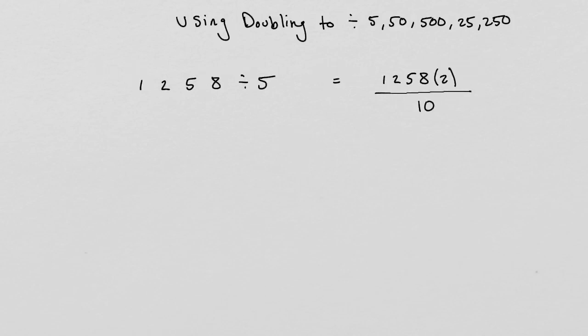Just as I showed you earlier, we could rewrite this like this. It's not necessary, but I'm just writing it so you could go along with what I'm showing you here. So first thing we want to do with the number is double it and then divide by 10. So doubling, we get 2, 5, 1, 6, using the doubling method I just showed you.